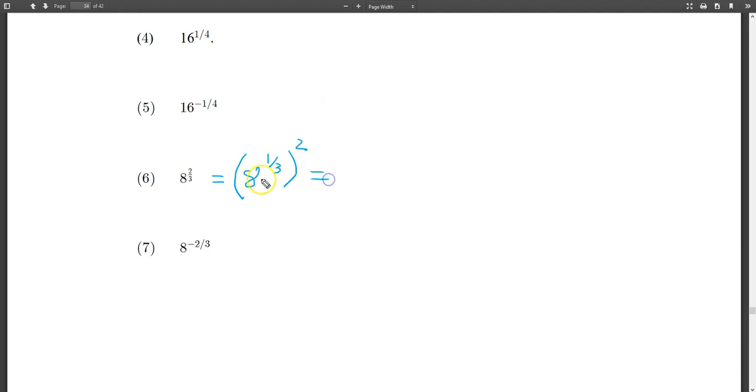And so this is going to be 8 to the 1/3 is 2, because 2 cubed is 8, squared, and so this is just 4. Down here, 8 to the negative 2/3, well, that would be 1 over 8 to the positive 2/3, and we see that that is going to then be 1/4.